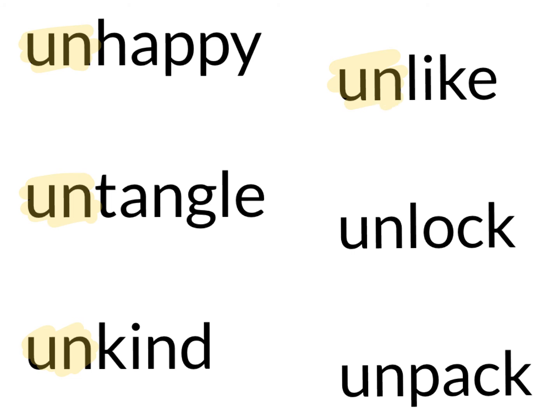Unlike, so to be like different from one another. Unlock, so like if the door's not locked. And unpack, so to not be packed. Notice how adding the prefix un to all of these words changed that original meaning of the base word.